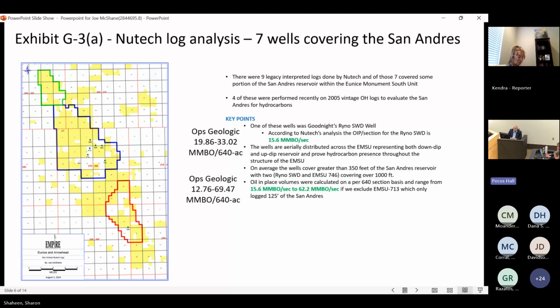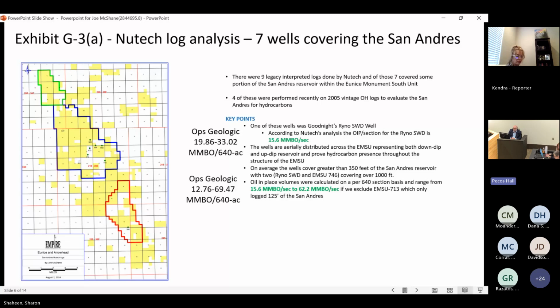And then on the left side, just want to point out, because I know it's been in discussion, we're referring back to testimonies of Ops Geologic. In black next to the key points, we included in this presentation Ops Geologic ranges for the oil in place as well. So for the Rhino SWD, Ops Geologic had 19.86 million barrels per 640 to 33.02.